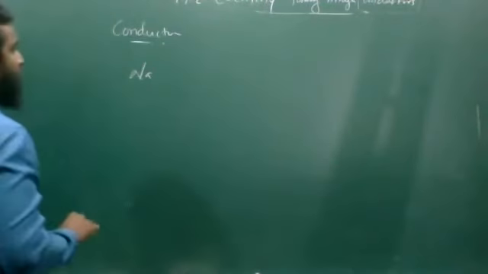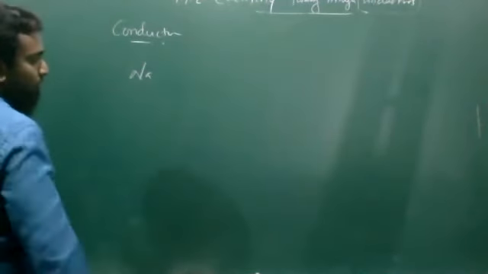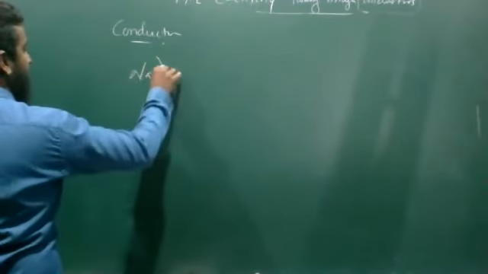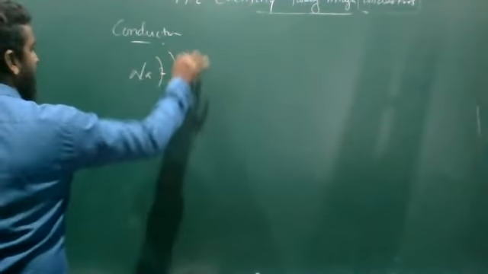Now, think about sodium. Normally, a conductor is a metal, right? Sodium has 2 electrons, 8 electrons, and 1 electron in the valence shell.